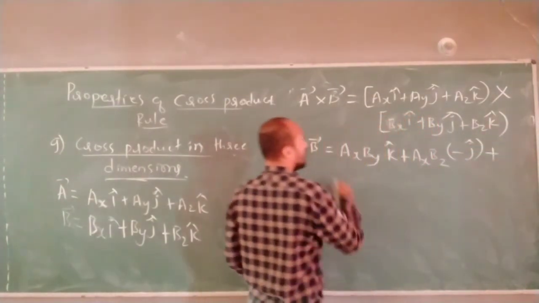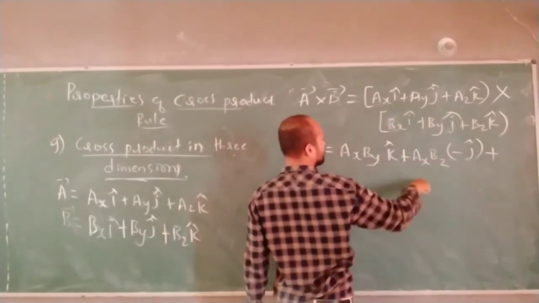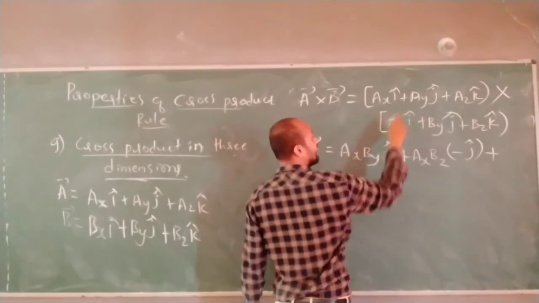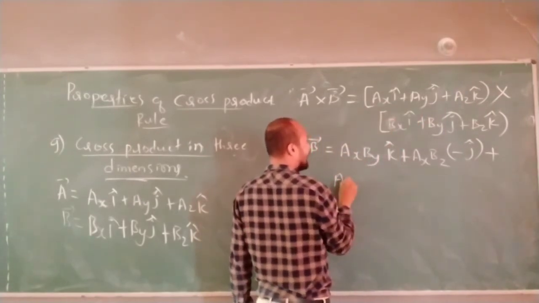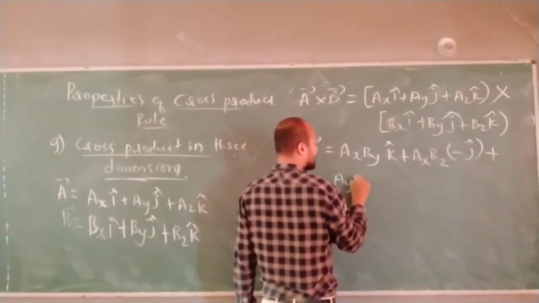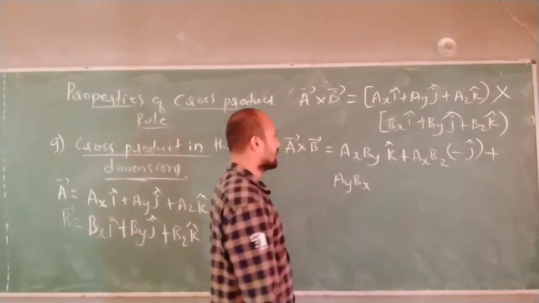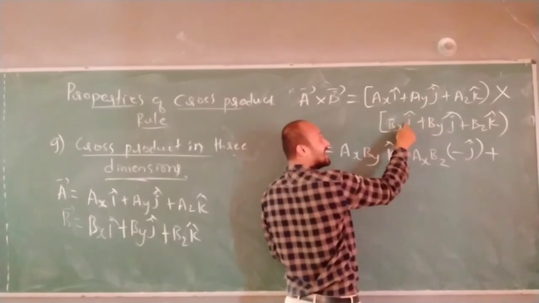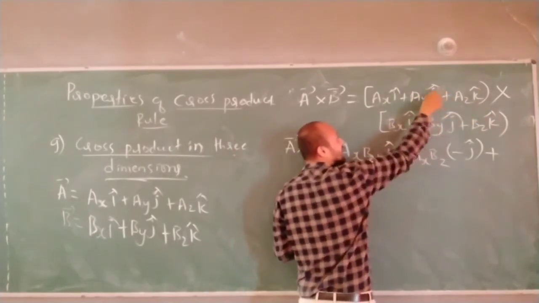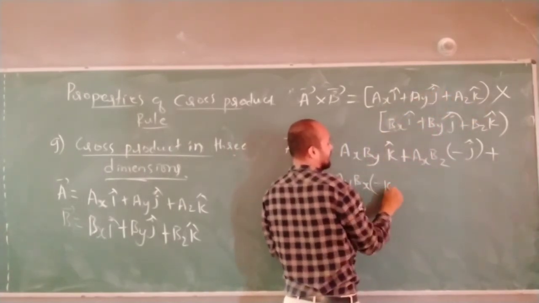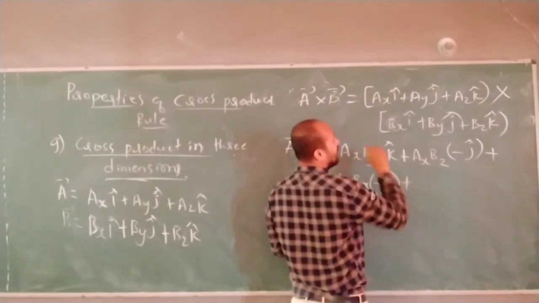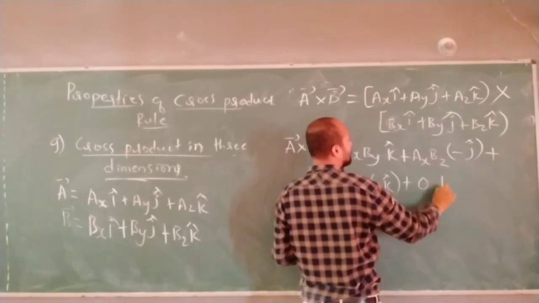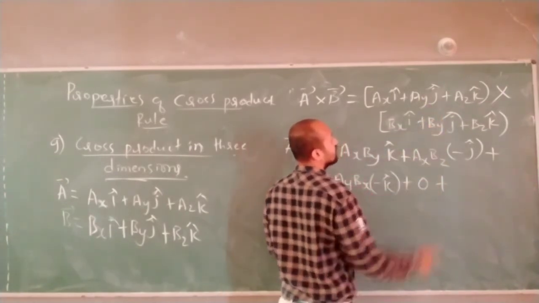Next, let us come for the second term. Ay j cap into Bx i cap will become Ay Bx. Now j cross i: since i cross j is k, j cross i will become minus k cap. Correct? Plus Ay into By, j cross j will become 0.